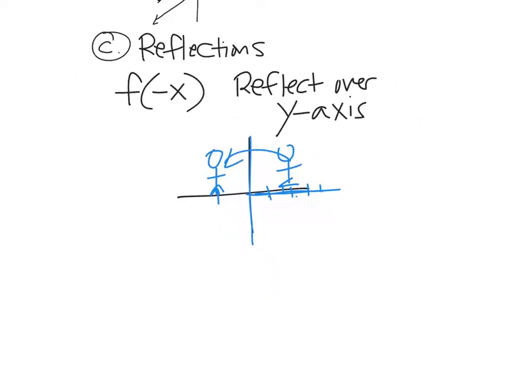All right, the other reflection is to take negative on the outside. So the entire function gets changed. Here, only the x gets changed. Here, all of your function becomes the opposite. And that is when you reflect over the x-axis.